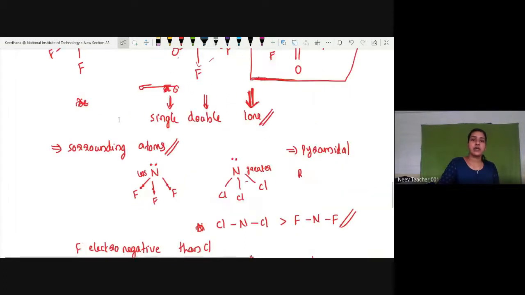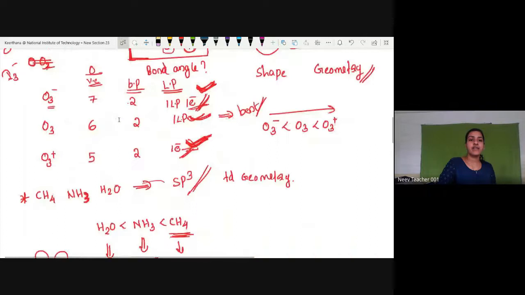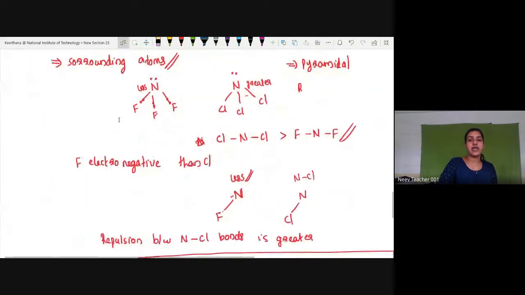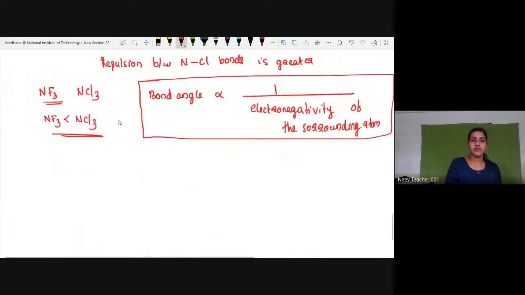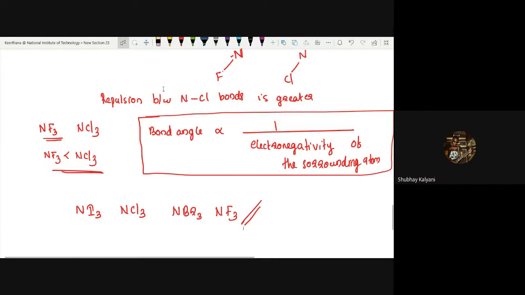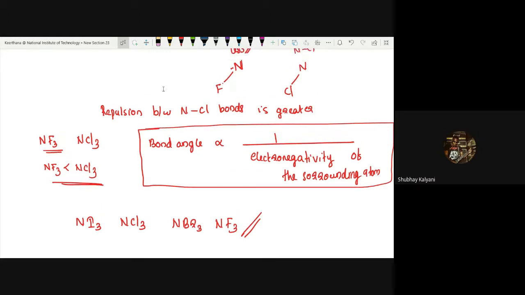So tell me how we will compare the bond angle in NI3, NCl3, NBr3 and NF3. What is the order of bond angle in these molecules? NF3 is less than NCl3, which is less than NBr3, which is less than NI3.